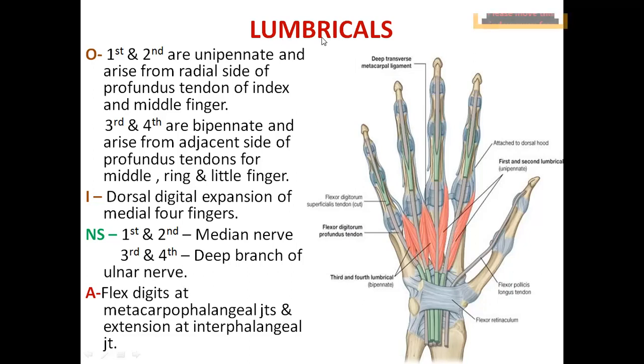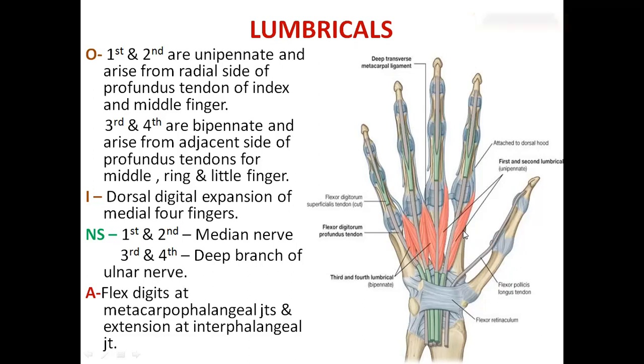These muscles are called lumbrical muscles. Okay. The first and second lumbrical muscles are unipennate because they have fibers running only in one direction. They are arising from the thumb aspect, that means the lateral side of the profundus tendon. You can also use the word radial side to indicate lateral side.